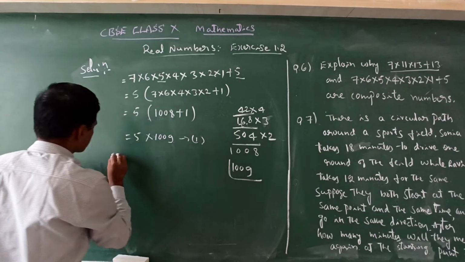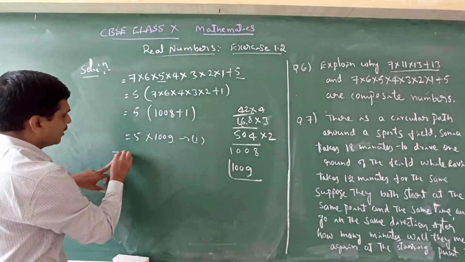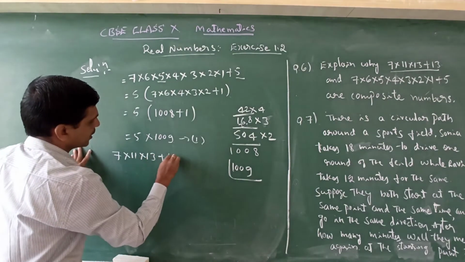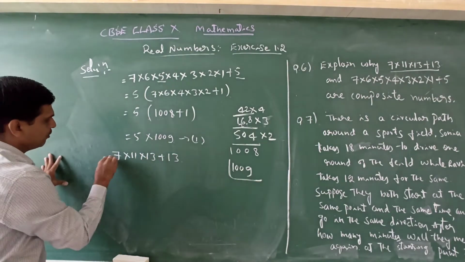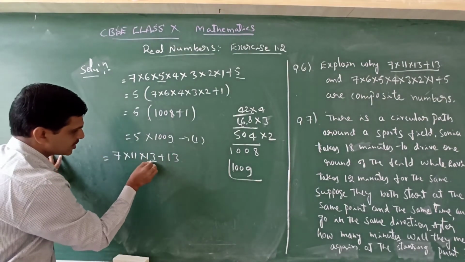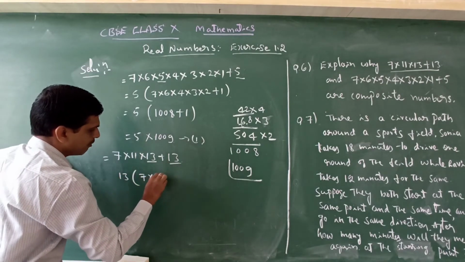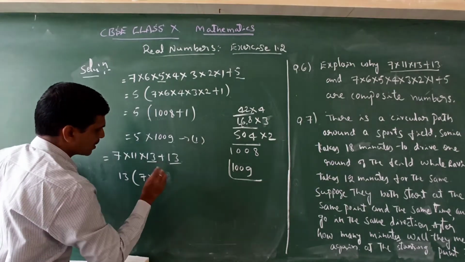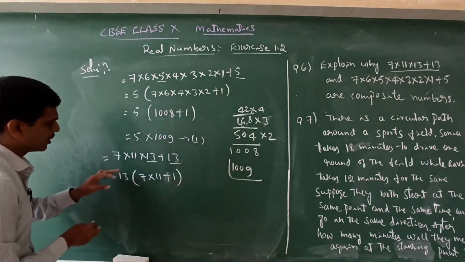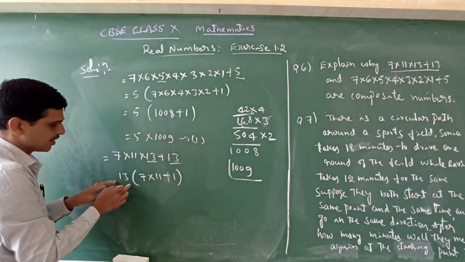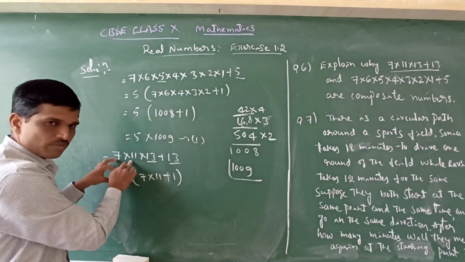That is 7 into 11 into 13 plus 13. Now here also we can take the common factor, which is 13. That is why 13 into (7 into 11 plus 1). Because 13 is common, I took the HCF of this number, 13, for simplification.